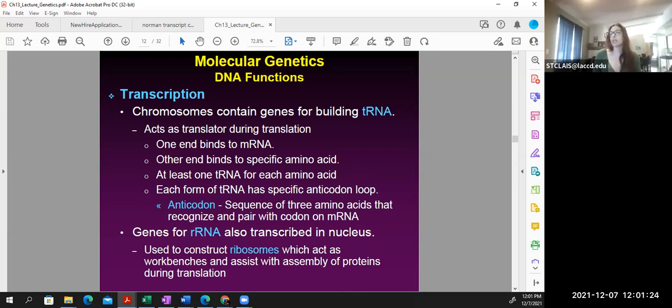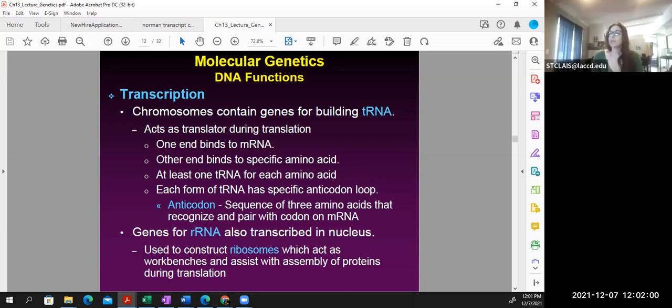Okay, so the tRNA will have one end that's bonded to the messenger RNA, and then the other end will bond to the specific amino acid that's indicated by the codon in the messenger RNA. Okay, so every amino acid is going to require at least 1 transfer RNA, and there'll be a specific anticodon loop that will match and it'll recognize and bond with the codon in the messenger RNA.